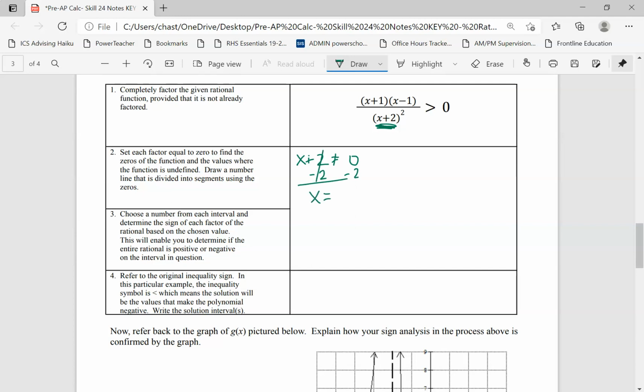So we know x cannot equal -2. But what's going to be different this time is that we're going to have two x-intercepts. So x plus 1 equals 0 and x minus 1 equals 0. That means we're going to have x-intercepts at -1 and +1. Okay?